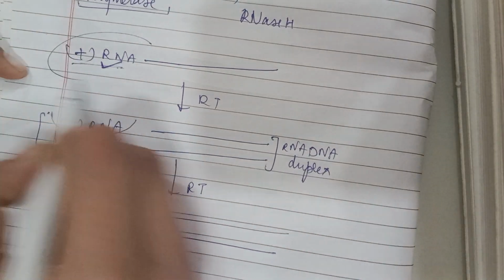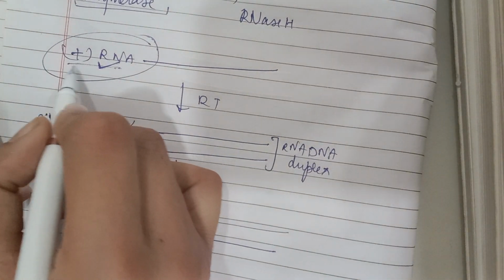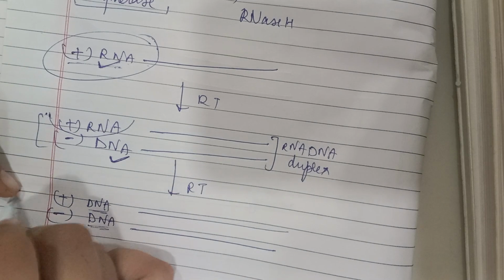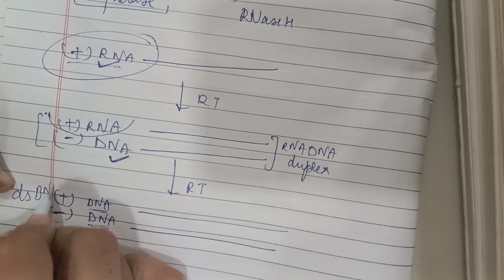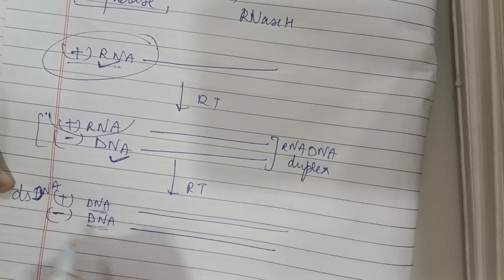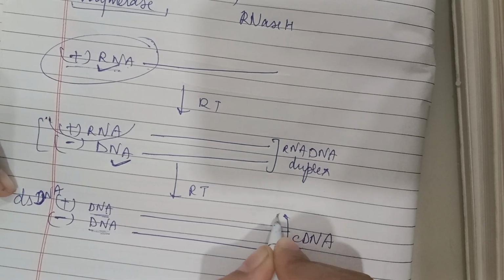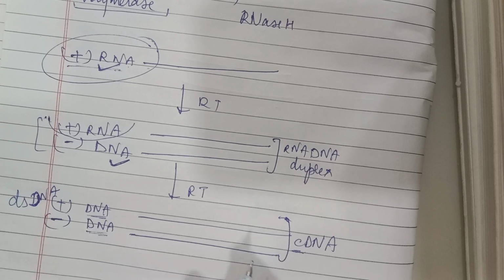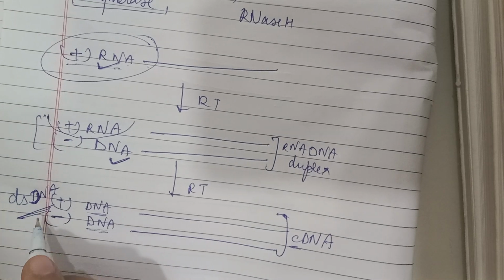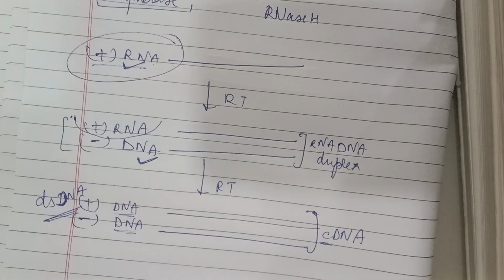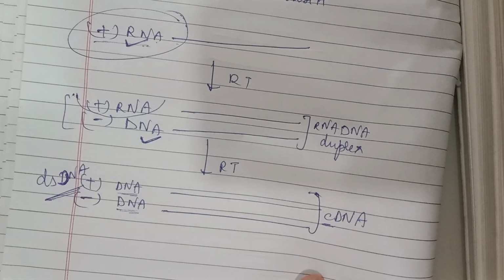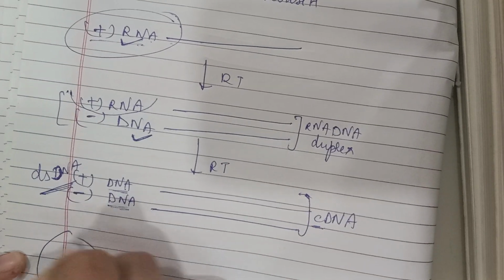Hence, the single-stranded RNA template has been converted into double-stranded DNA with the help of reverse transcriptase, known as cDNA, complementary DNA. Now, this double-stranded DNA needs to be integrated into the host chromosome, the host double-stranded DNA in the nucleus.